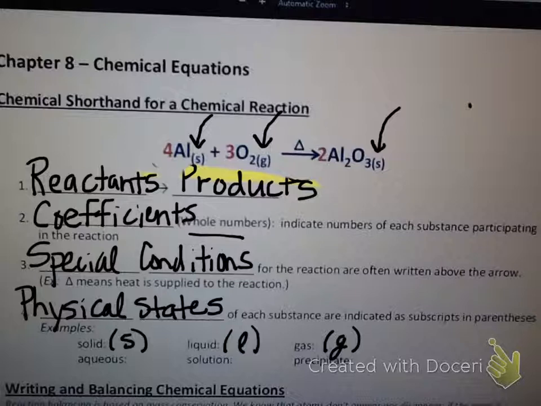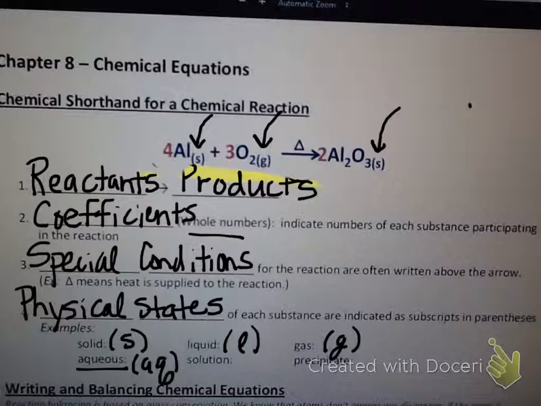Sometimes when things are not pure substances, but they're mixtures, we can write that as well. So, for instance, if something was dissolved in water when you used it in a chemical equation, we would say that that thing was aqueous, or it was a solution mixed in water. And aqueous, the symbol is AQ.